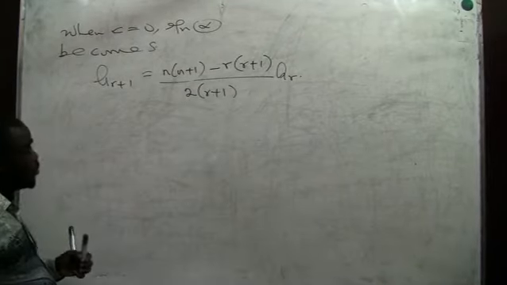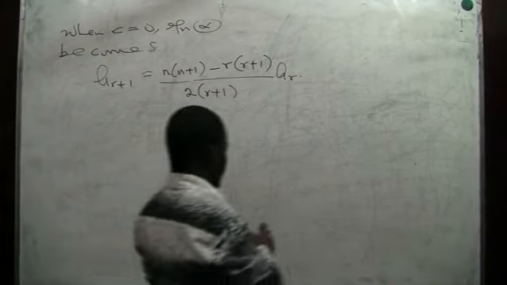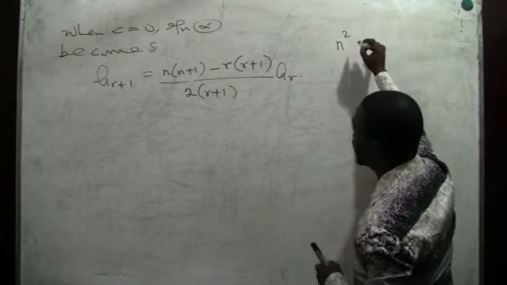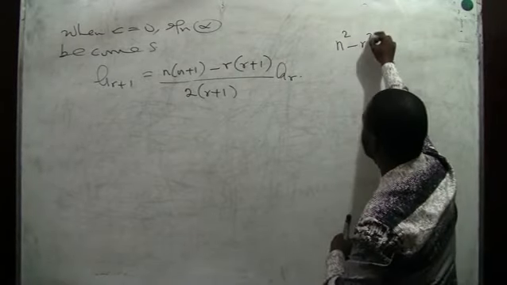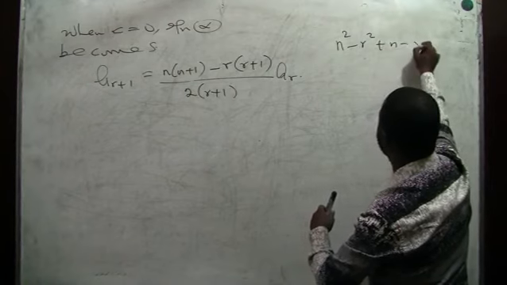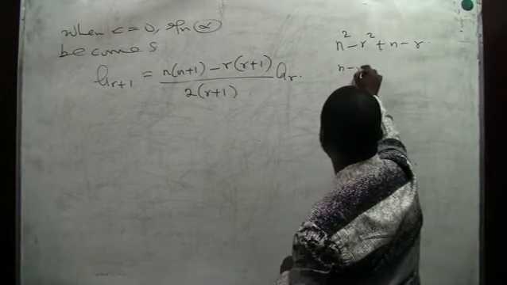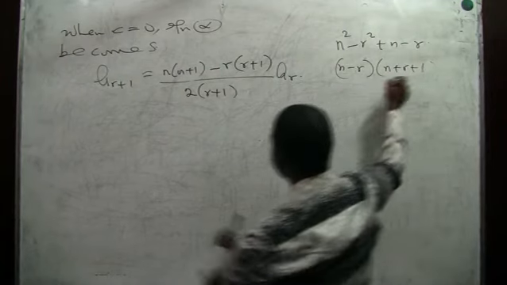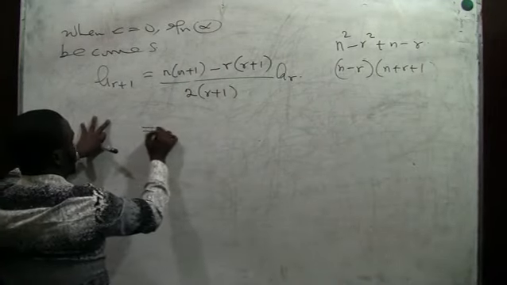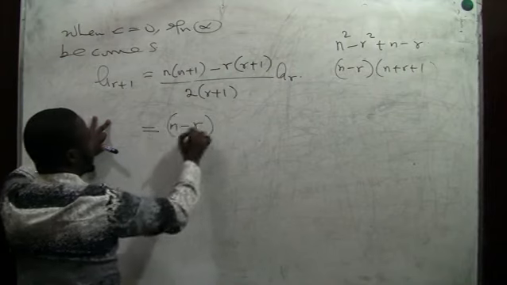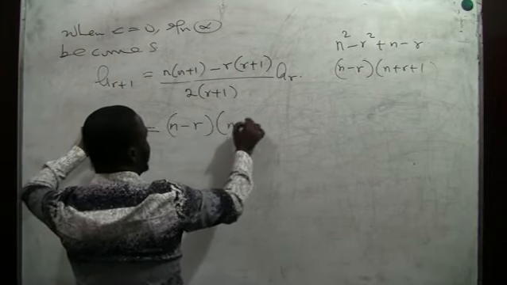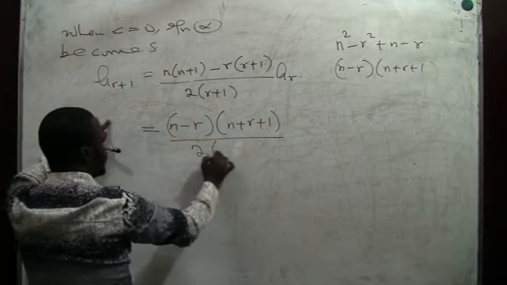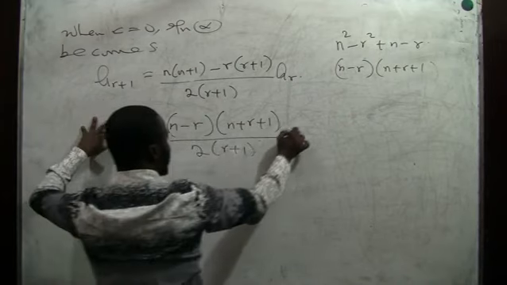What are the factors? The factors are, let's first of all write it as n squared minus r squared, plus n minus r, which is n minus r into n plus r plus 1. So this gives n minus r into n plus r plus 1 divided by 2 into r plus 1 A r.